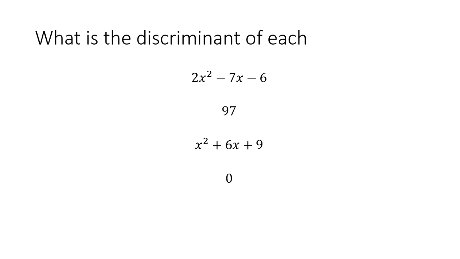Now, how many solutions does the first one have? The first one should have two real solutions because it's positive. How many solutions should the second one have, the one with the discriminant of 0? It should have only one real solution because the discriminant is 0. So the first one has two real solutions, and the second one only has one real solution.